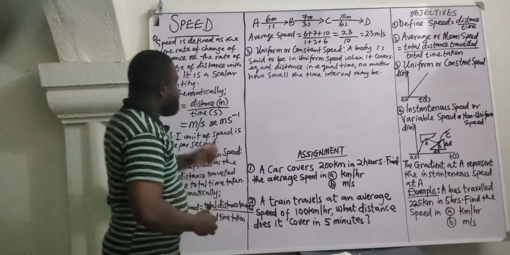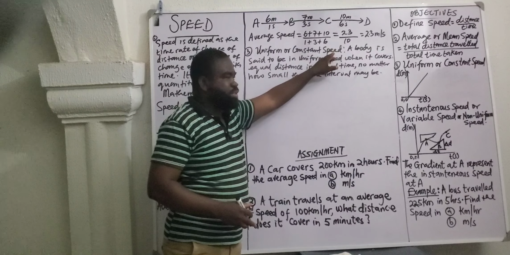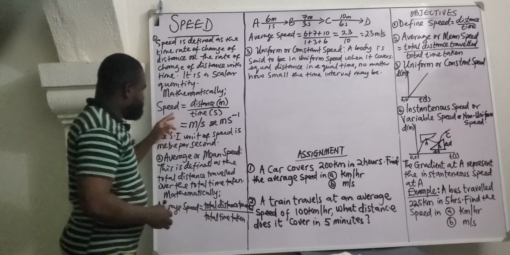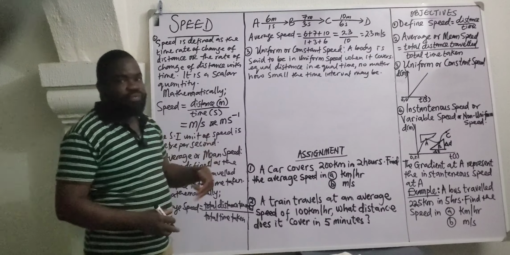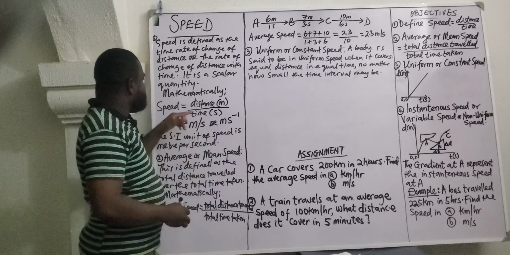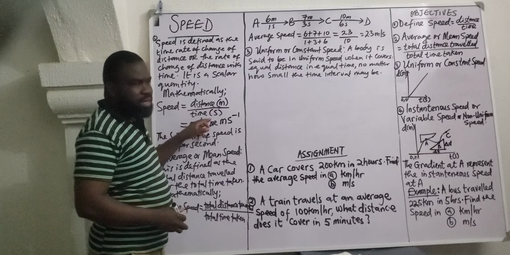What am I saying? Uniform or constant speed. Speed is a quantity, and I've said speed is distance over time. Now, once I'm saying uniform speed, I will say equal distance over equal time.